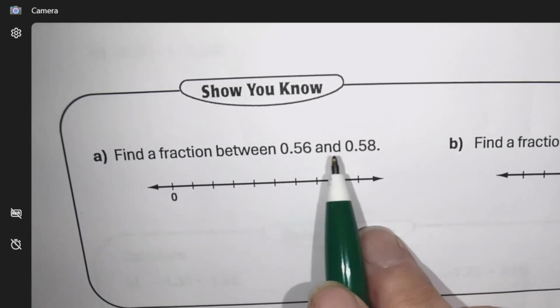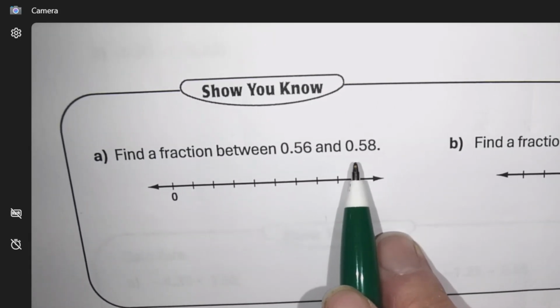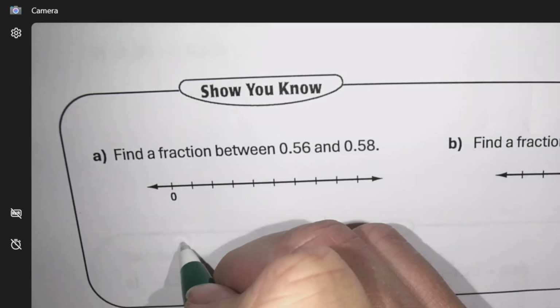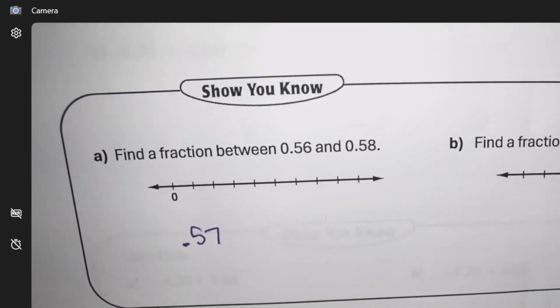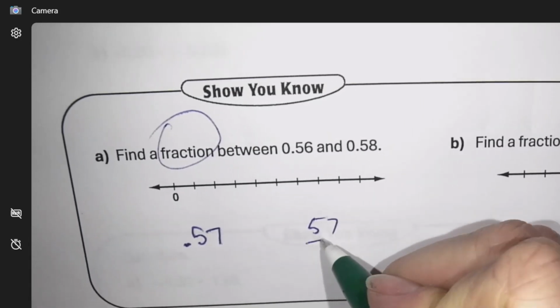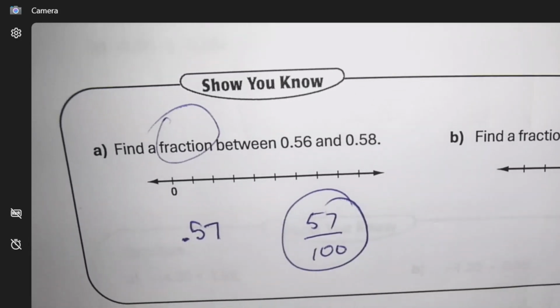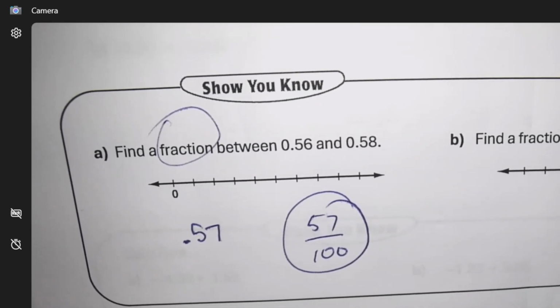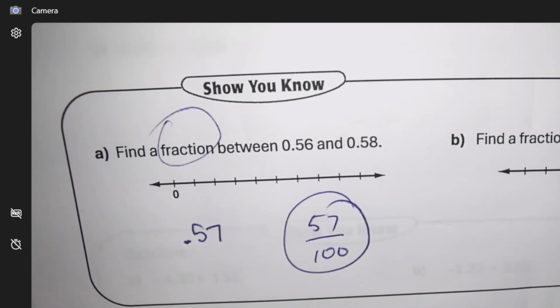Okay, so for me, if I was to pick something between that, I probably would have first thought about decimal language like that. Anybody else pick that number as a decimal? Okay, but I need you to get me a fraction answer, so over 100 would work. So anybody else think of something different? No, most people thought of that one.